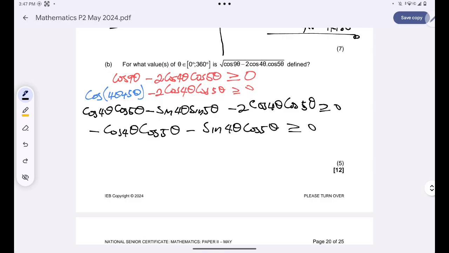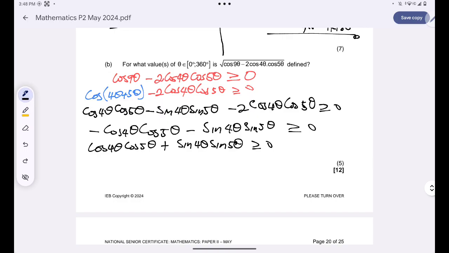No? I can divide everything by a negative here. Then I'll end up having cos 4 theta cos 5 theta plus sine 4 theta sine 5 theta greater or equal to 0. I made a mistake here. I was supposed to write sine 5 theta.